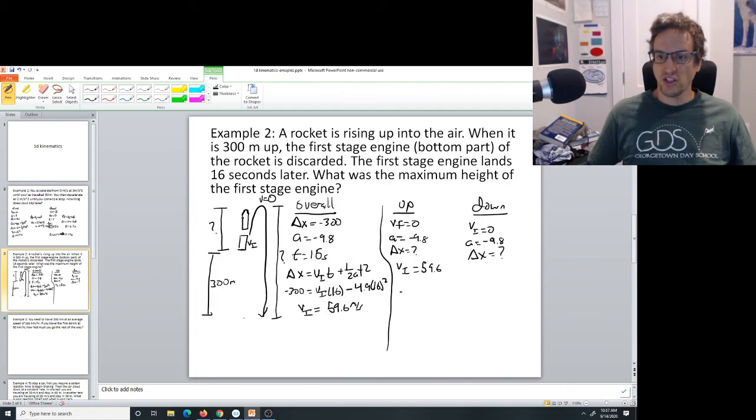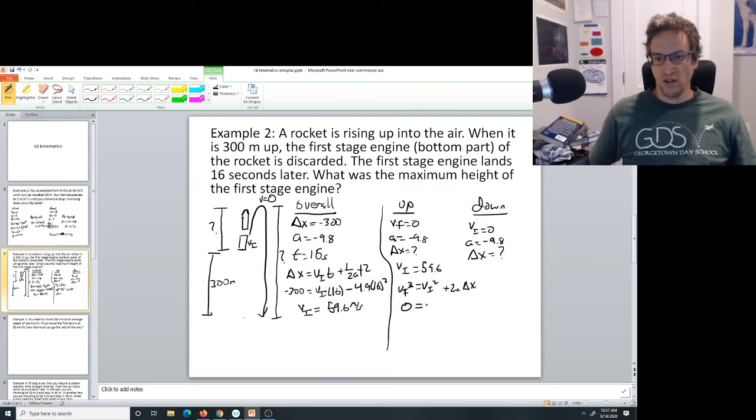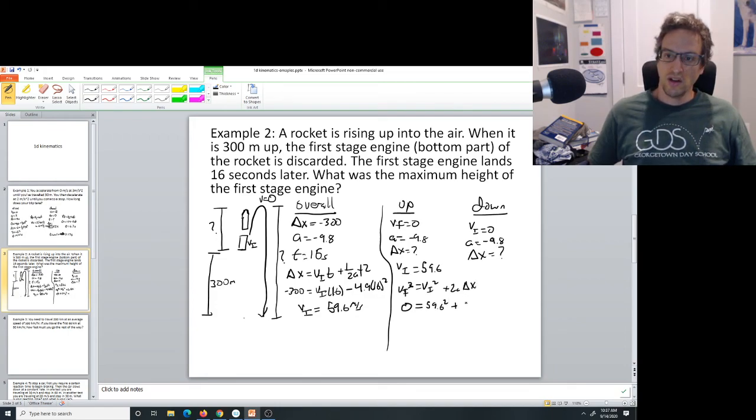So now I can find change in x, right? V final squared equals v initial squared plus 2a change in x. We got 0 equals 59.6 squared plus, well, I guess it's minus actually, minus 19.6 times x.